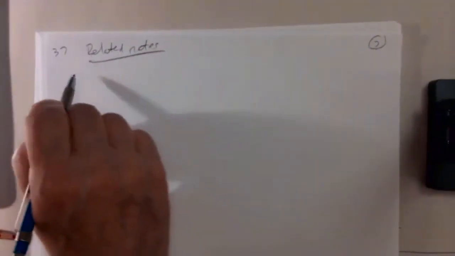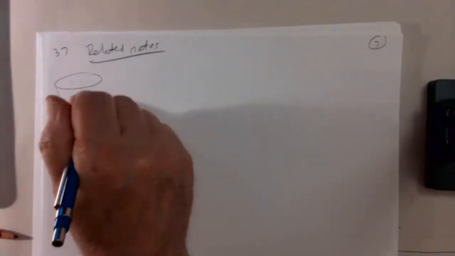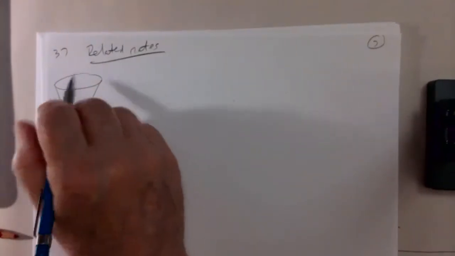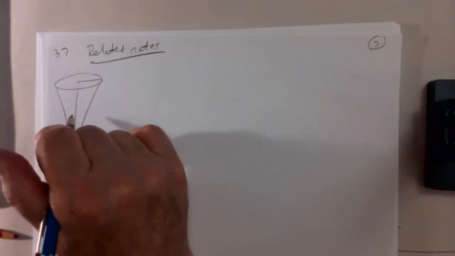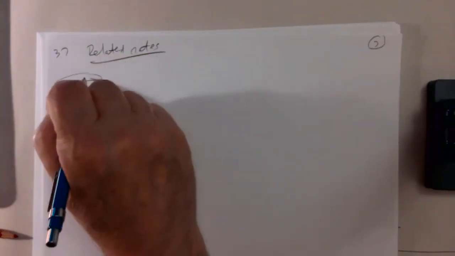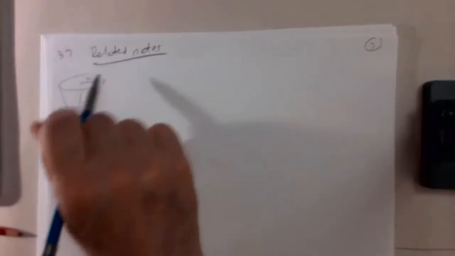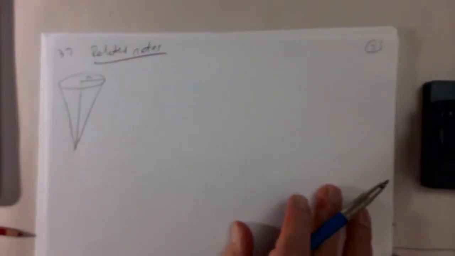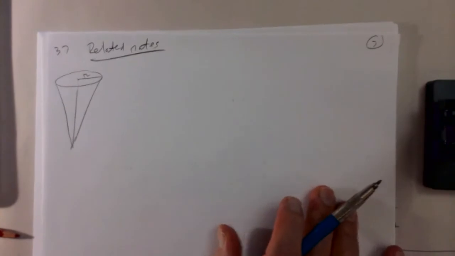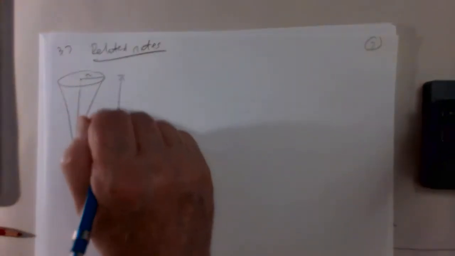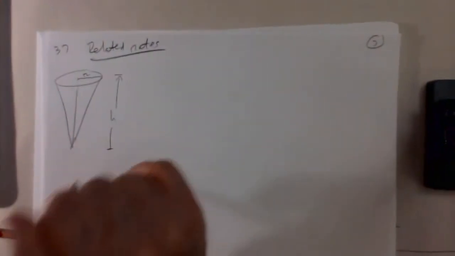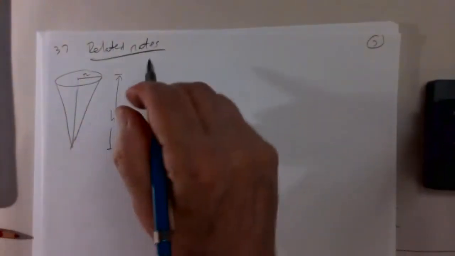Suppose you have a cone. If you have a right circular cone, it has two parameters. It's the radius of the circle at the top of the cone, and there is also the height of the cone.